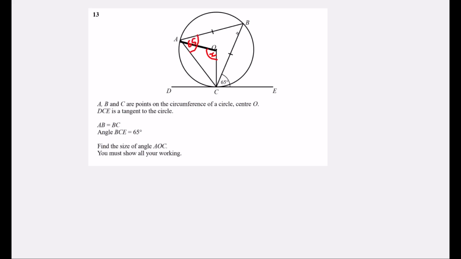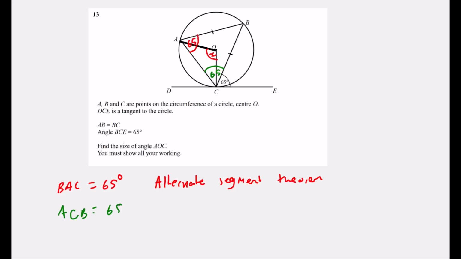So BAC equals 65 degrees because of the alternate segment theorem. Then we can use the isosceles triangle. Angles at the base of an isosceles triangle are equal. So ACB is also 65 degrees.